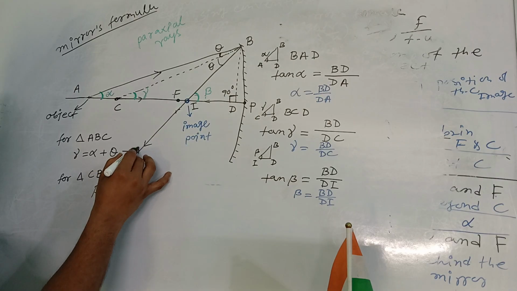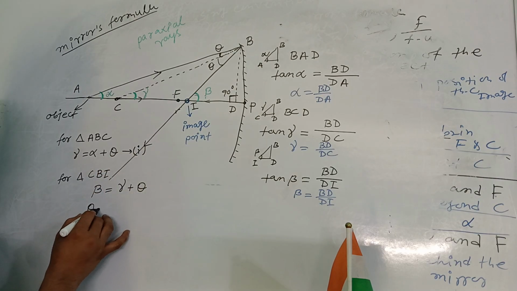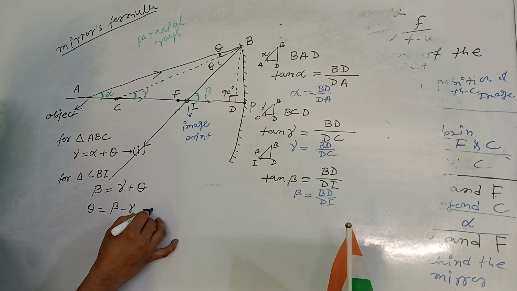Let me write this as equation number 1, and from here I can write theta is equal to beta minus gamma, which is equation number 2.